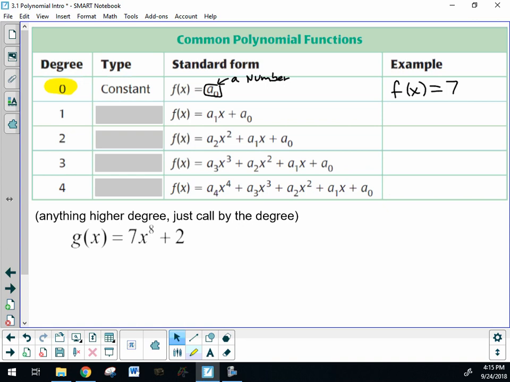The next type, degree 1 polynomials, you have studied a lot in the past. So they would look like a number times x plus another number. You've probably seen it written a lot like this, mx plus b.